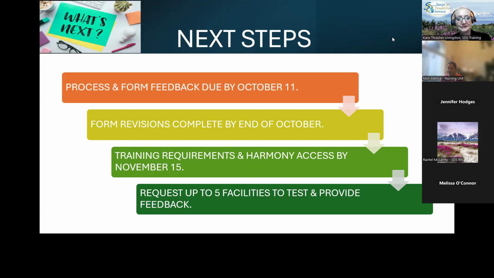The hospital will be able to access Harmony, fill out the form, and complete the screening. If the screening outcome is negative, the hospital just needs to share or submit the form to the admitting LTC facility, and they can proceed with admission. So yes, the screening has to be done prior to admission, but it does not require state review.